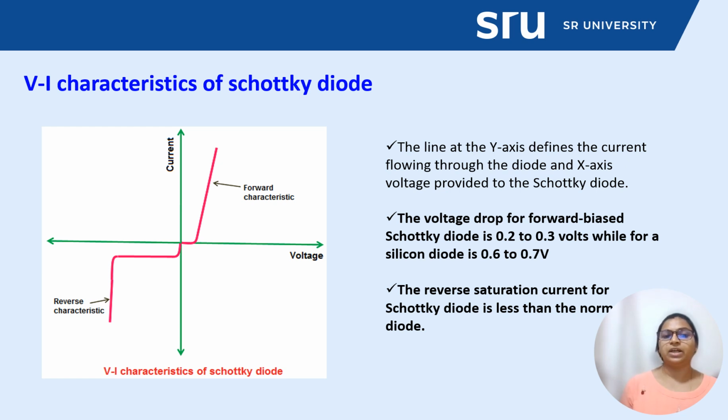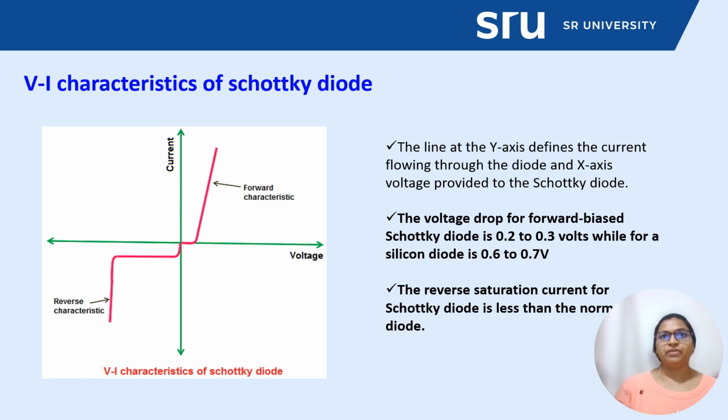In the Schottky diode, the depletion region is absent or negligible, whereas in the PN junction the depletion region is present and very distinct. And also the turn-off voltage of a Schottky diode is very low as compared to the PN junction diode.